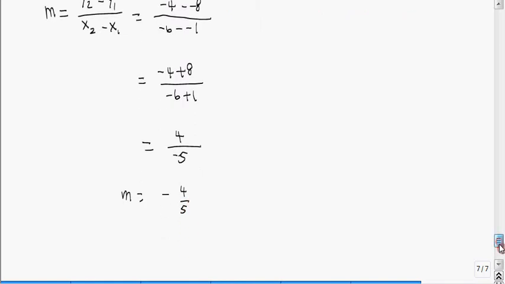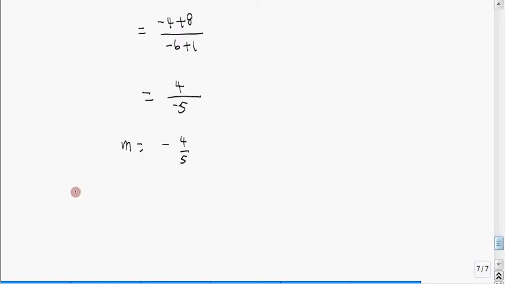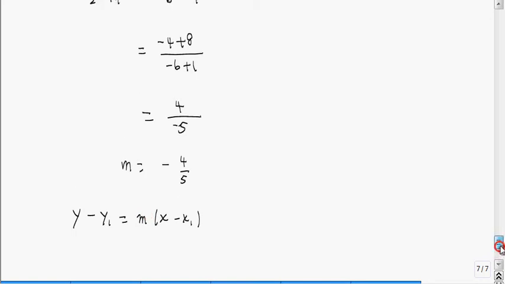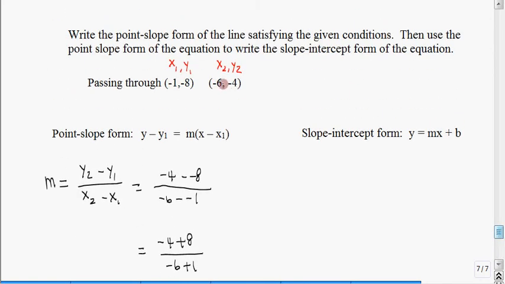So now we're ready to plug that slope and one of the known points into this. y minus y1 is equal to m times x minus x1. That's the point-slope form. All right, well, we know the slope is going to go right there, and for the x1, y1, remember I said we could use either one of these. Since this one's already labeled, why not use that one? Negative 1, negative 8.